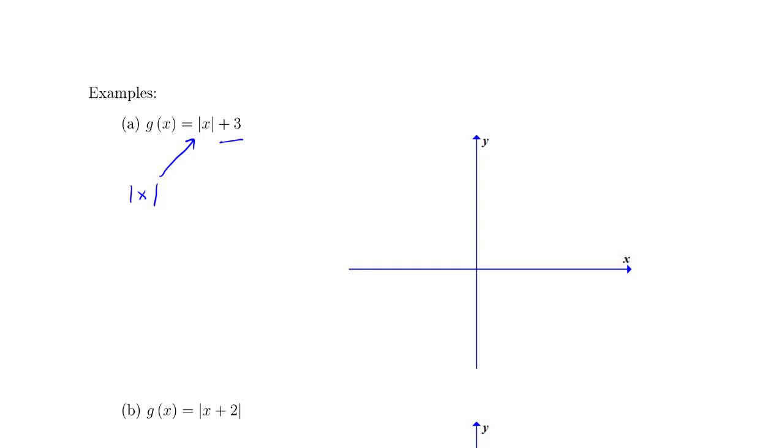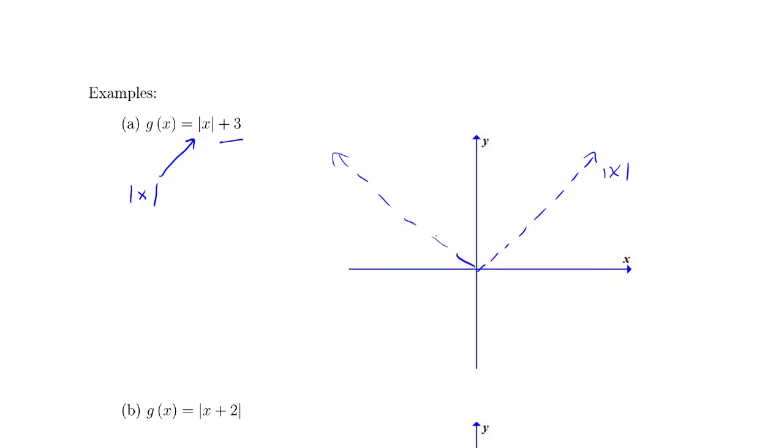So let me sketch absolute value of x on this. That would just be that characteristic V shape here. All right, that's the absolute value of x.